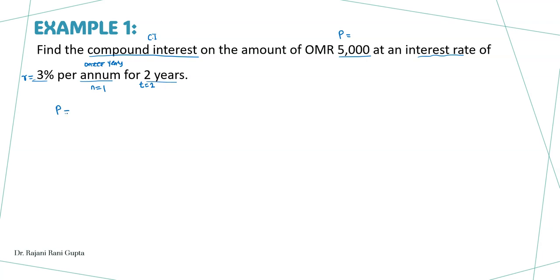Writing down this information, what we have? We have the principal amount as 5,000 OMR. Interest rate is 3%, which we can write as 3 over 100, that is 0.03, because it's always necessary to convert percentage into decimal. N is 1 and T is 2, it's 2 years.